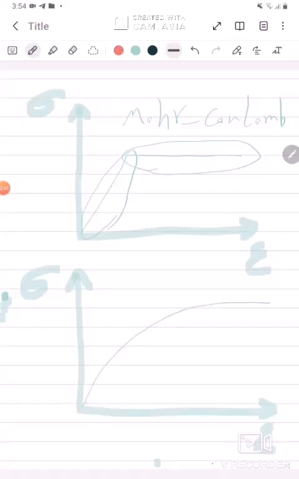So it is completely nonlinear from the first to the end. This is the main difference between these two models, and this is the HS or hardening soil model.